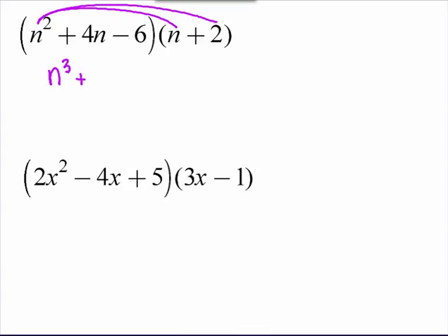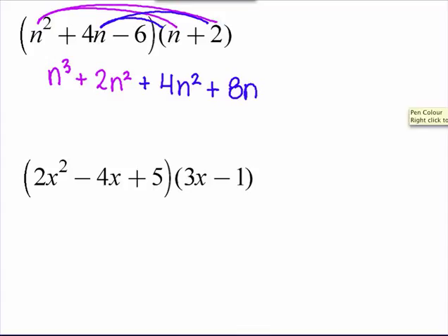If I take n squared times 2, I get 2n squared. Now you're going to do the same thing with the 4n. So I'm going to take the 4n times n and the 4n times 2. So what is 4n times n? 4n squared. What is 4n times 2? 8n.